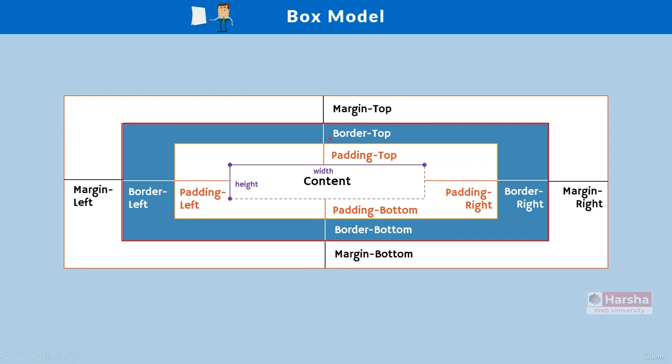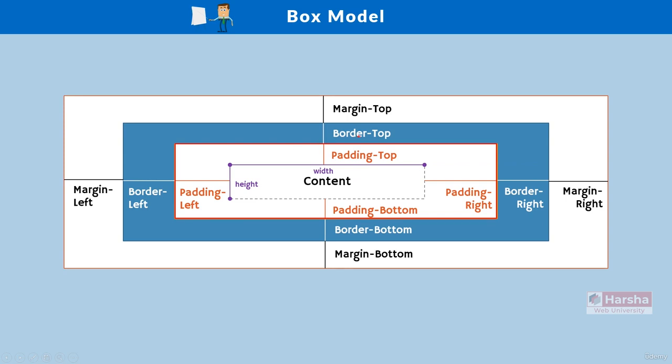Now I wish to apply background color only up to the padding but excluding the border. In that case, you need to set background-clip to padding-box, which means that you wish to apply the background color only for the padding box, which includes content also, but exclusive of border.